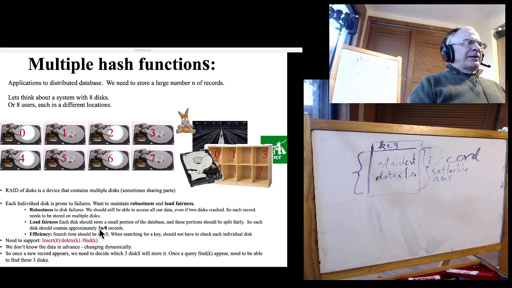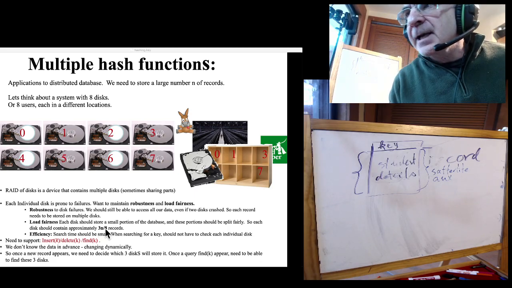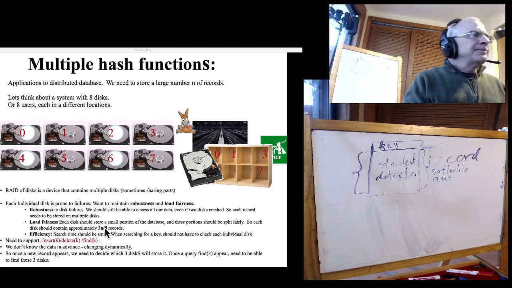Now I want every record to be stored on 3 hard drives, so each hard drive should approximately store 3n/8. And if I had known ahead of time who the students are, maybe I could hit this number exactly. Each hard drive stores exactly 3n/8.